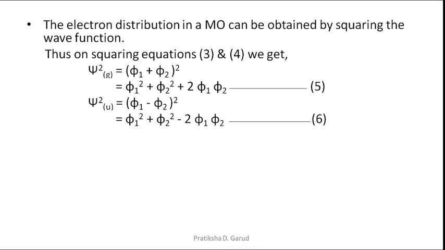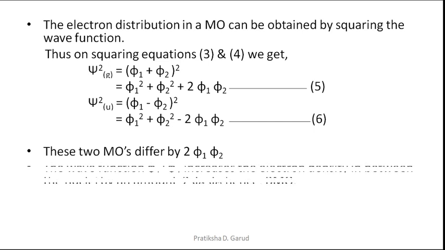So we can find the difference between these two equations. From 5 and 6, we can see that these two equations differ by only a small factor. What is that factor? That factor is 2 phi 1 phi 2. So we can say that these two MOs differ by 2 phi 1 phi 2.